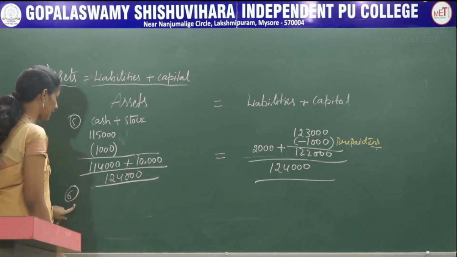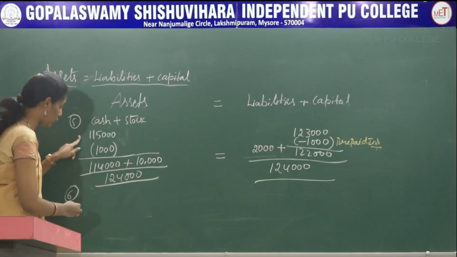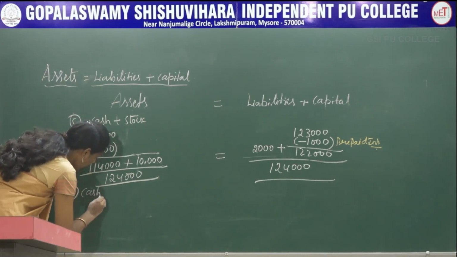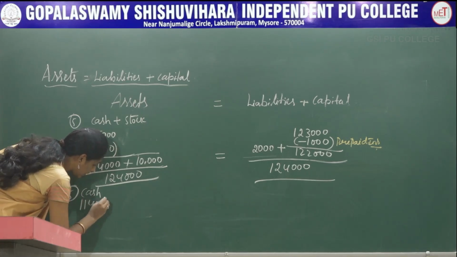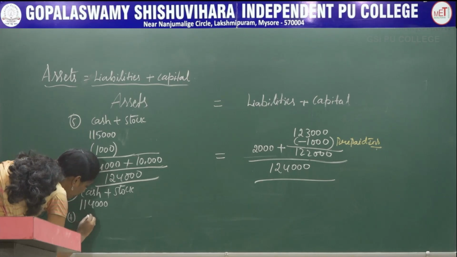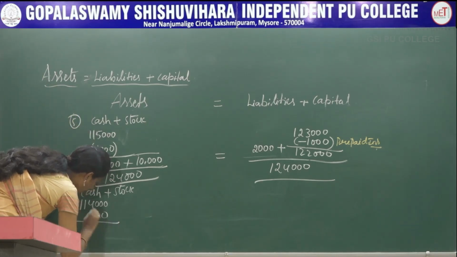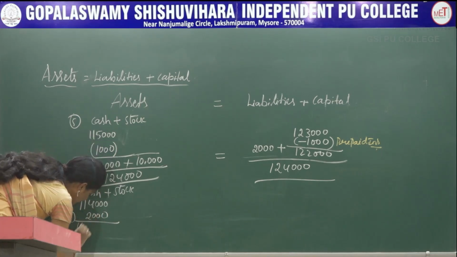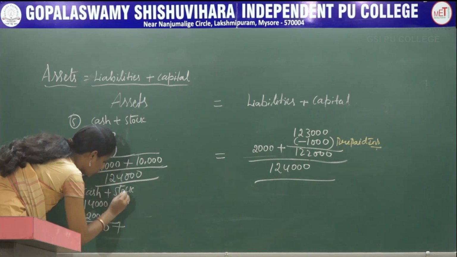For recording the sixth transaction, you have to see the previous equation, that is fifth equation. Cash, what is the actual amount of cash now? 1,14,000 plus stock. So now add commission amount of rupees 2,000. 1,14,000 plus 2,000, 1,16,000. Now what is the stock value?